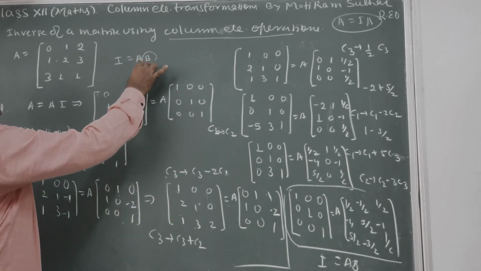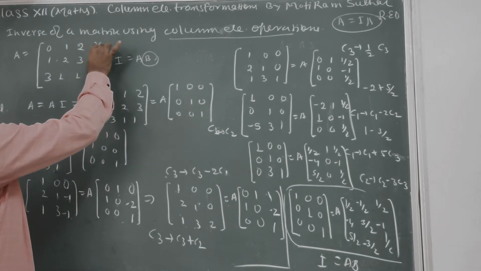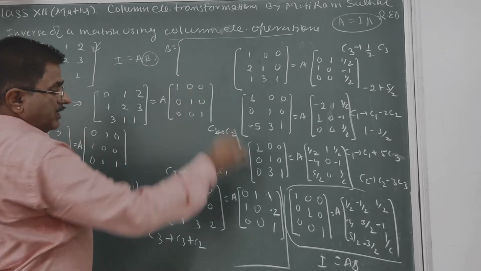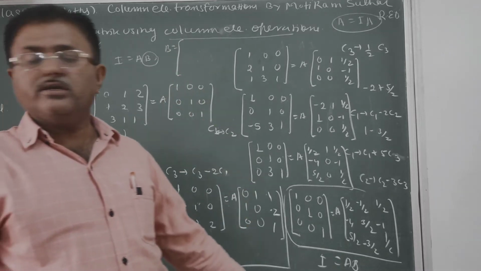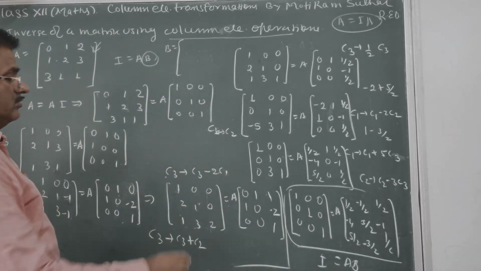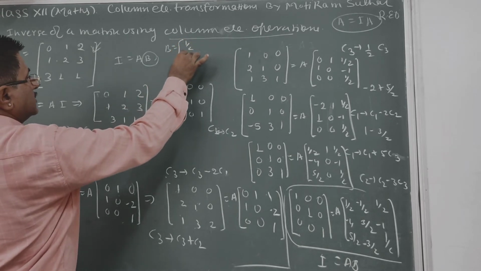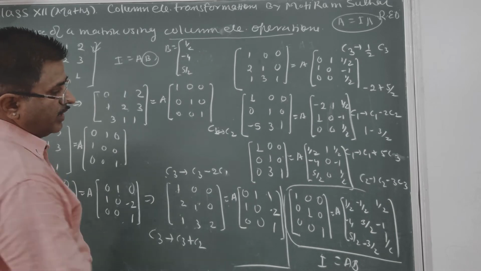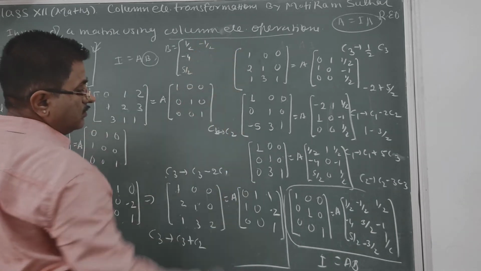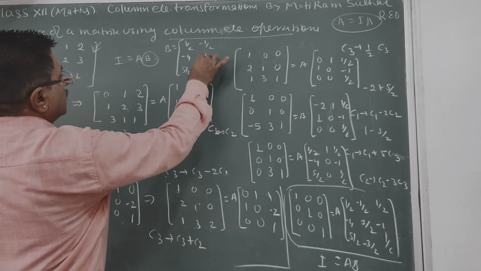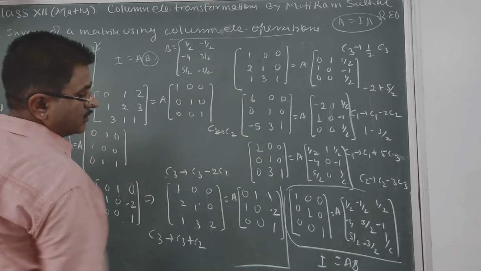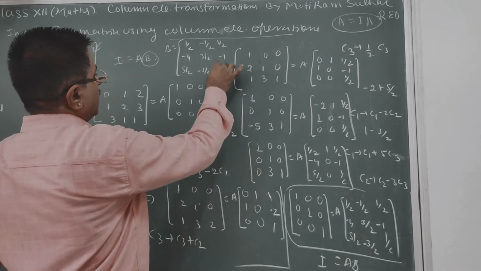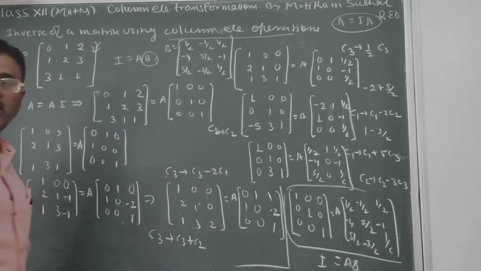So we can say B is the inverse of this A. Here value of B that we finally get, the inverse of the matrix A, is 1 by 2, minus 4 and 5 by 2. Then minus 1 by 2, 3 by 2 and minus 3 by 2. Then 1 by 2, minus 1 and 1 by 2. So this is the required inverse matrix.